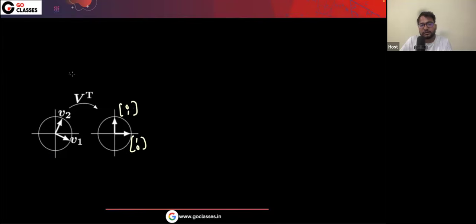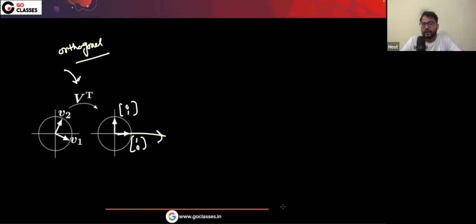As I told you, this is an orthogonal matrix, so it is not going to change the length or the angle. Earlier they were perpendicular, now also perpendicular. Earlier these were orthonormal vectors, so the length was 1, and here also the length is 1. It cannot change anything other than the rotation. It will just rotate.